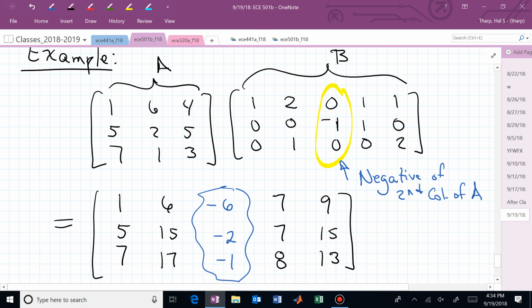So thinking about it that way gives you a little bit more insight than just plugging numbers into your calculator. And you can anticipate if you ended up with a result over here that was somehow linearly independent from the columns of A, you know you keyed in a number wrong.